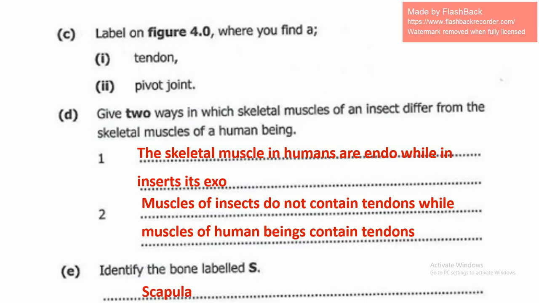This is a 2018 question paper. Look at 2020. Okay, it is a similar question. It's just that they're using a different diagram and a different way of asking questions. But if you have understood how I've answered these questions, you'll even be able to answer questions from that other paper, which is a 2020 biology question paper.